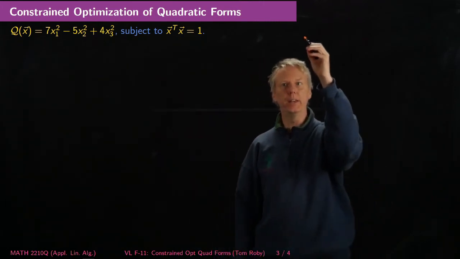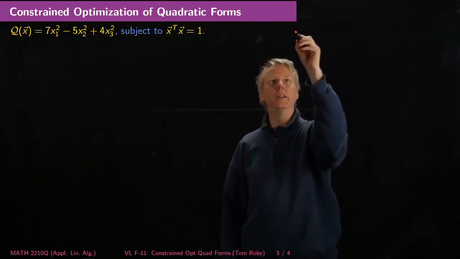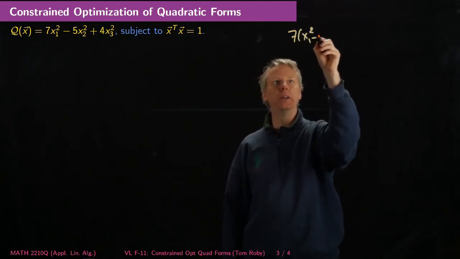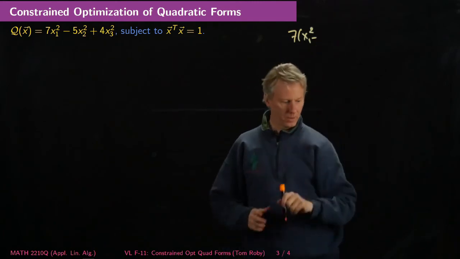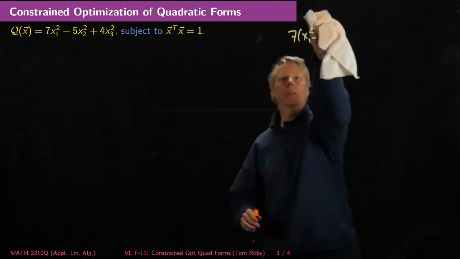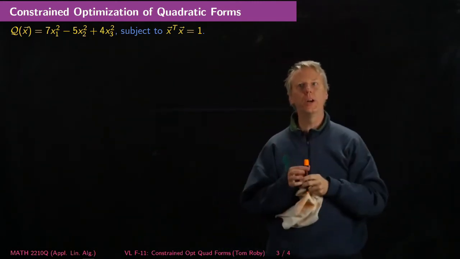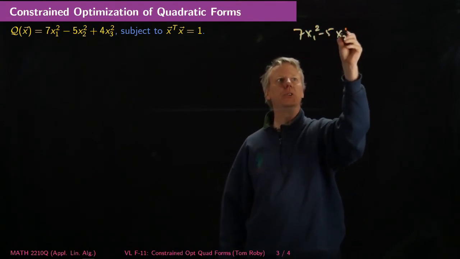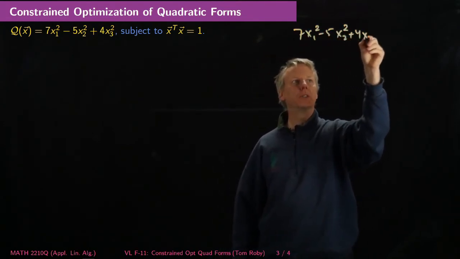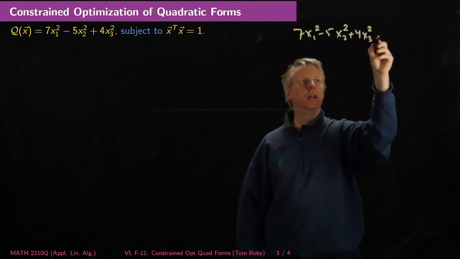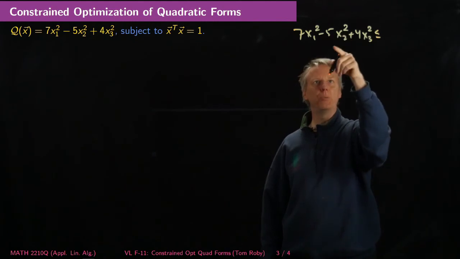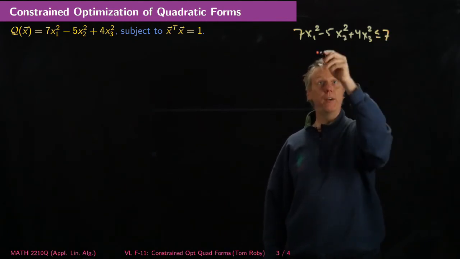And the reason is that you know that the quadratic form 7x1 squared minus 5x2 squared plus 4x3 squared is less than or equal to, well, if I just replace all of these coefficients with 7, that'll definitely be bigger, right?